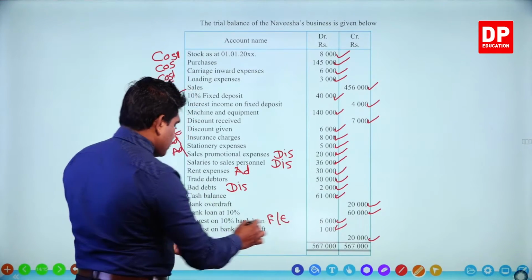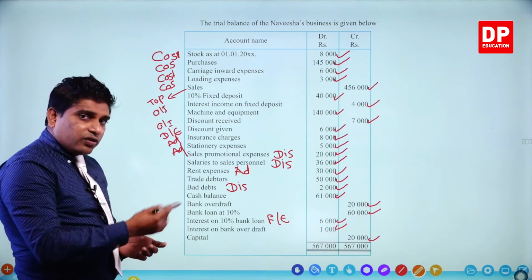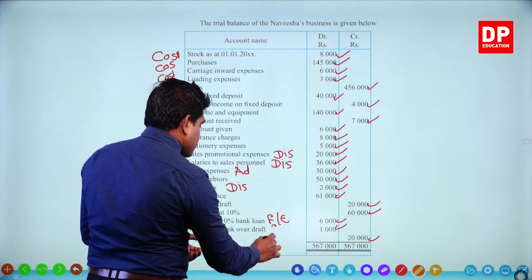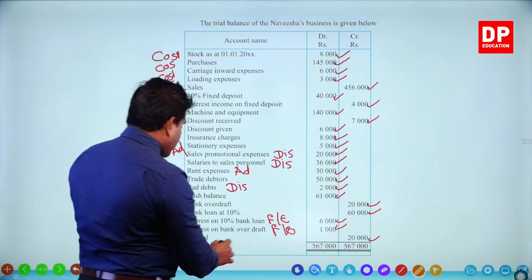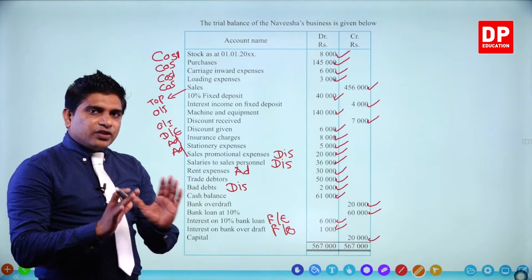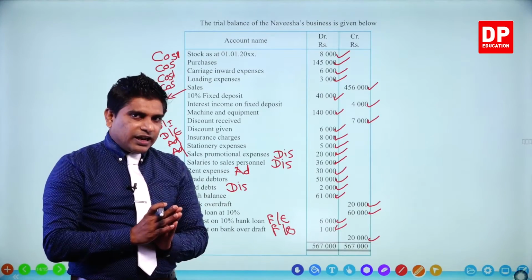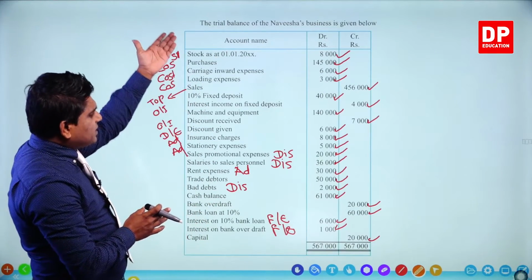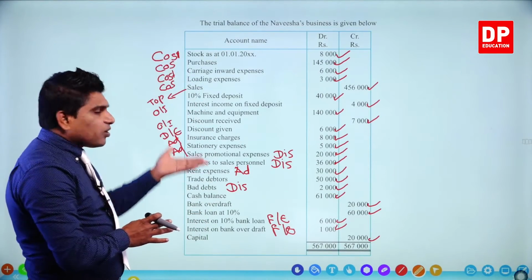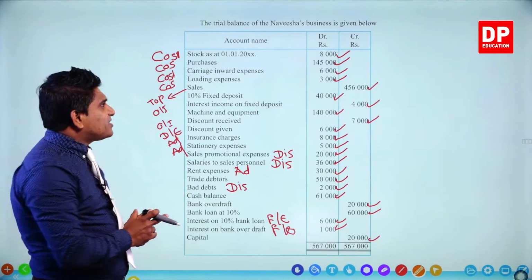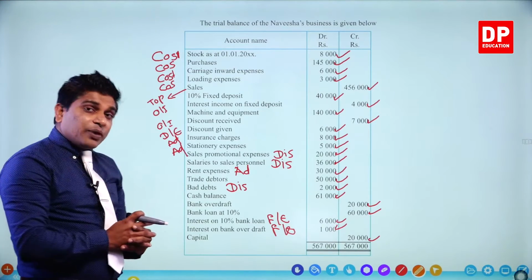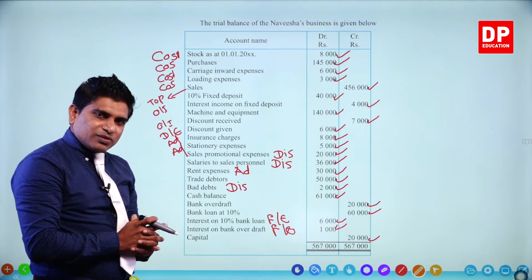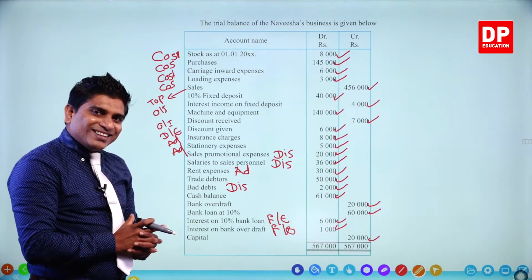Interest on bank overdraft also financial expense. Last one is capital. Capital is equity, and equity we don't take to prepare the profit and loss statement. So I have given this classification. Using only these income and expenses, you can prepare the profit and loss statement by yourself, right?